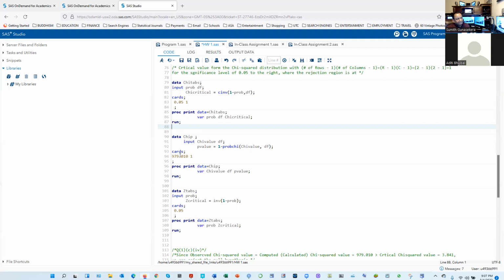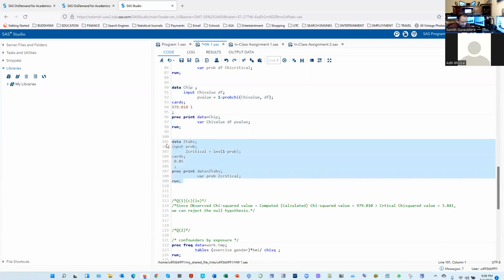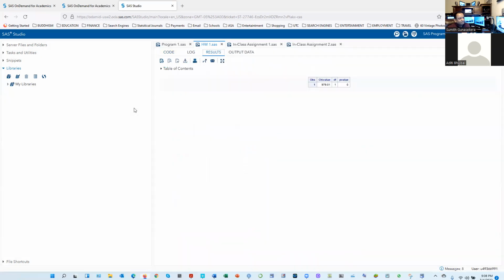P-value is 1 minus the probability of chi-square. I'm going to give 979.019 to that one and see what my p-value would be. And p-value, almost 0.